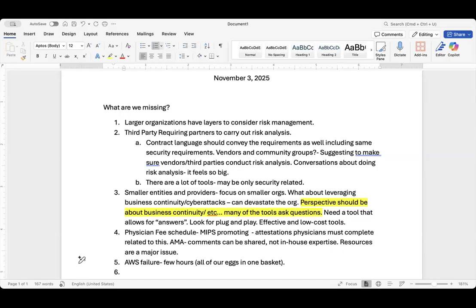I wonder if there's a component of this that I don't really see in the regs about system-level failure, because of the too-big-to-fail banks thing in healthcare increasingly, and it's frankly not just healthcare. Many large healthcare systems use AWS, Google, or Microsoft as their cloud, and any one of those going down for any length of time can create an enormous continuity issue at a systems level where you can't find a resource elsewhere. So I just wonder if that's a piece of this that we need to think about.